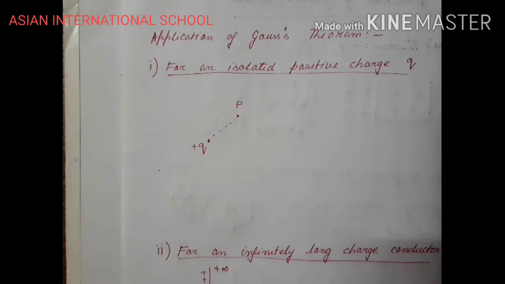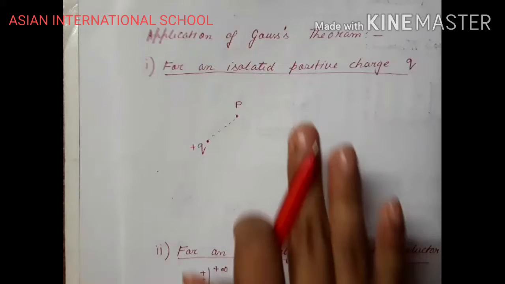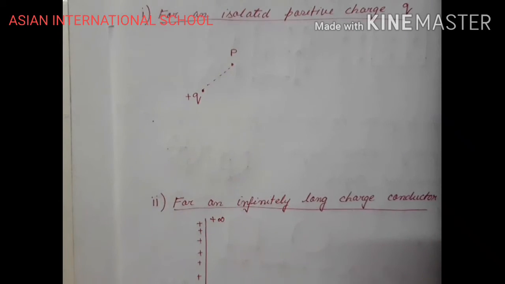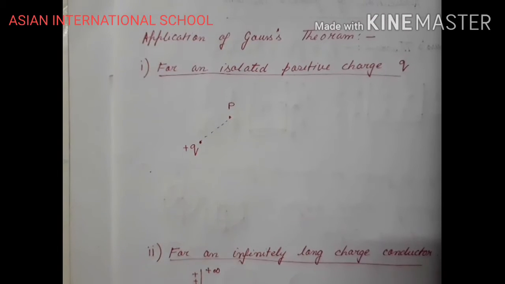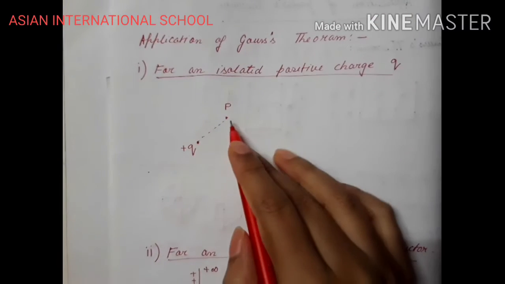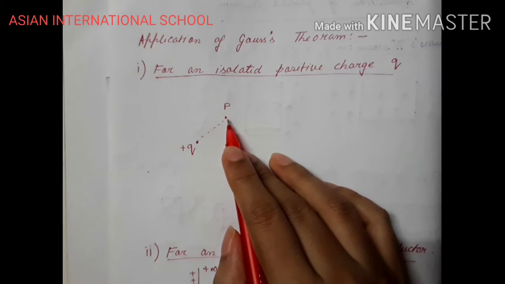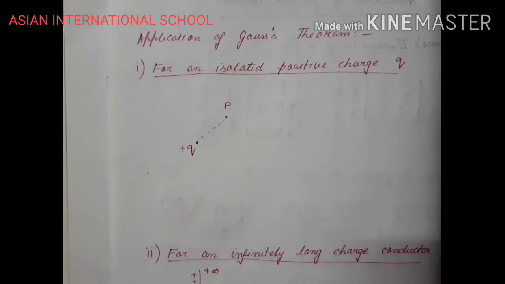In all the cases we study, we will be looking at an isolated positive charge Q and an infinitely long charge conductor. We take a point P where we have to calculate the electric field.